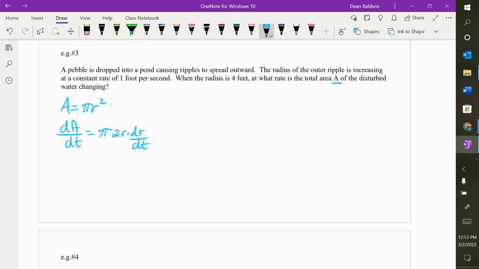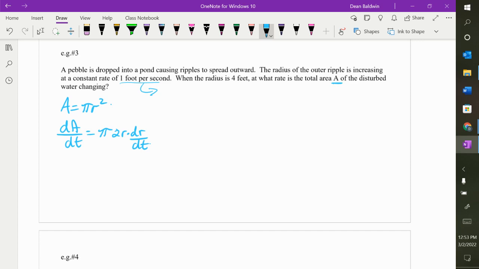So we got to go back to the question and look at what information they've given us. They've said the radius of the outside is increasing at a rate of 1 foot per second. What does the 1 foot per second represent? The rate of the radius changing.